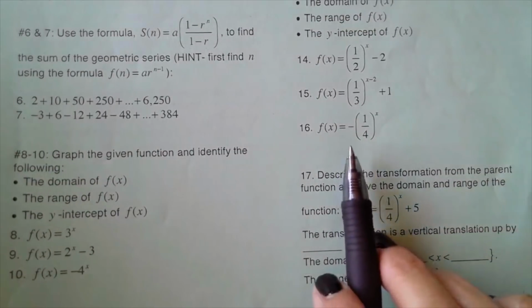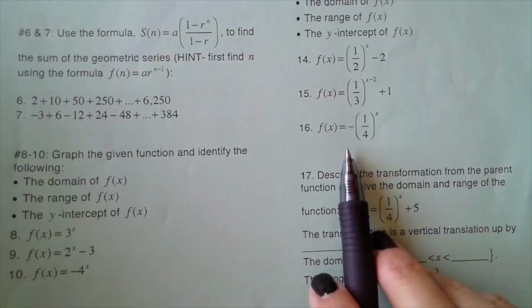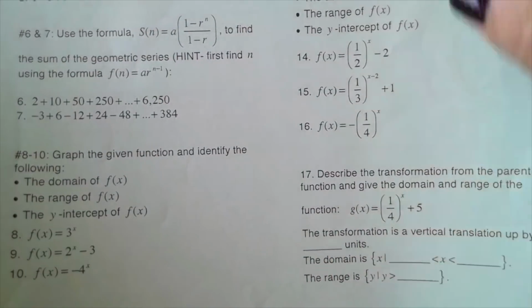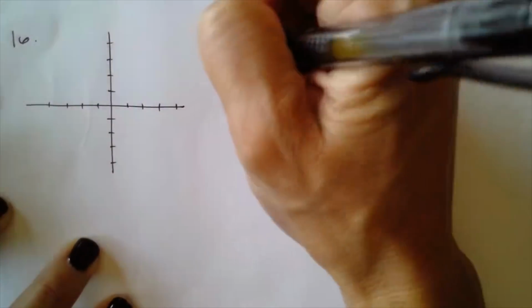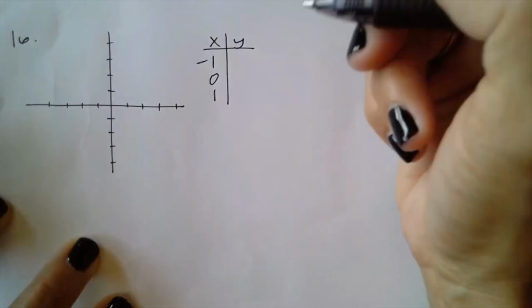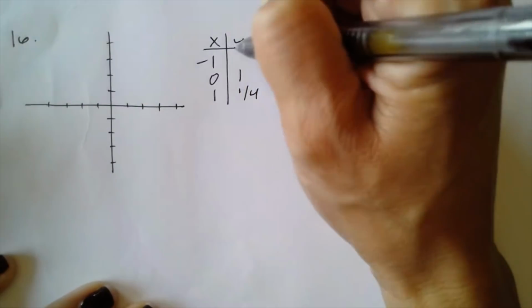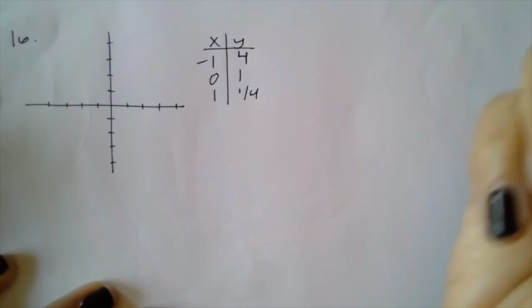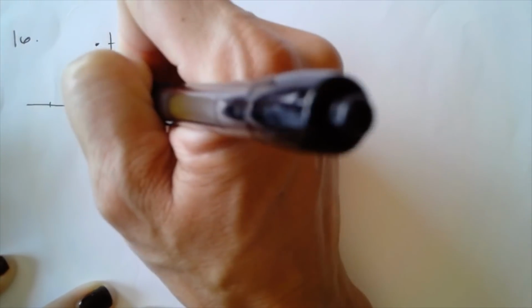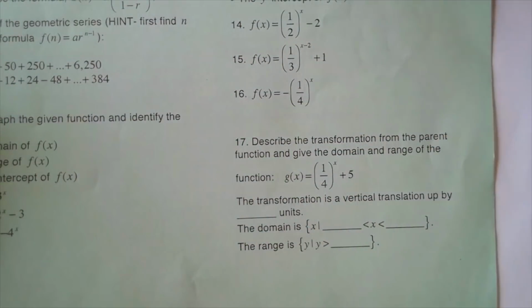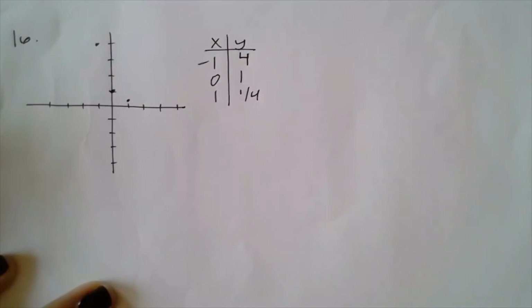For 16, we have f of x equals -1/4 to the x. So the parent function is 1/4 to the x. So 1/4 to the 0 is 1, 1/4 to the 1 is 1/4, and the negative exponent flips the fraction, so it's just 4. We have a negative in front, so that reflects across the x-axis.